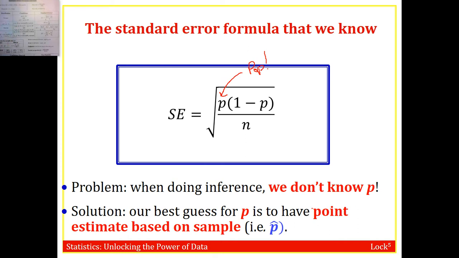You've heard those words before. The best point estimate is the sample statistic that we have. It's p-hat. So we are going to replace in our formulas a p value that we don't know with a p-hat value. We're going to use the best estimate that we have.